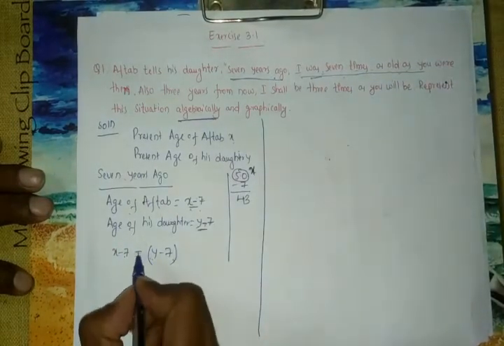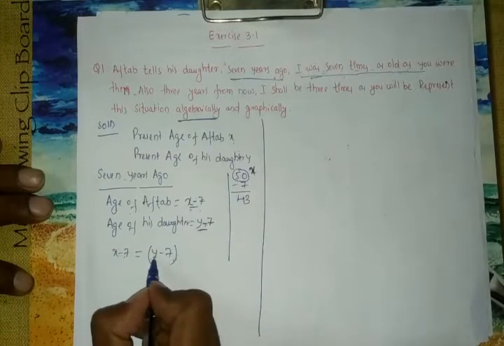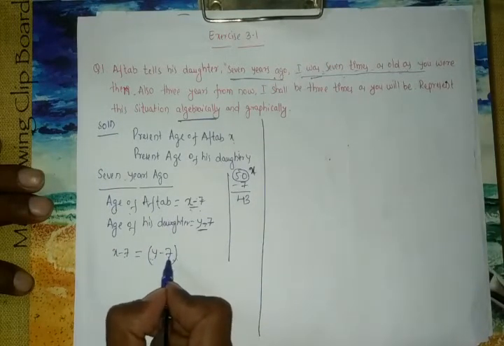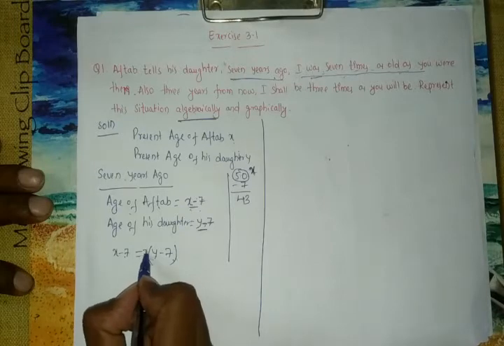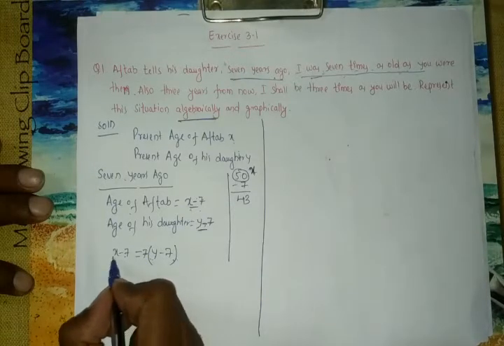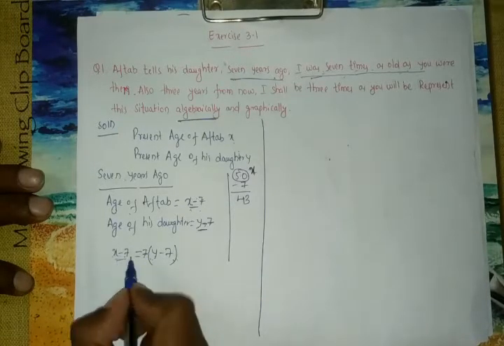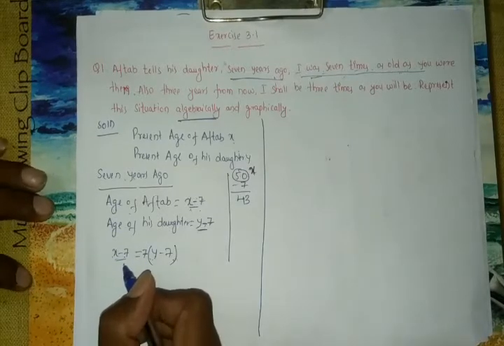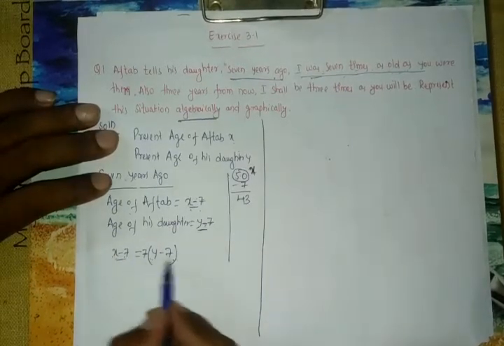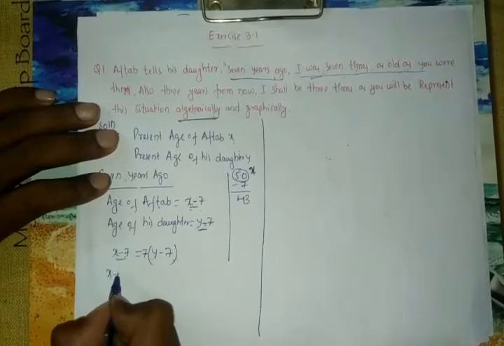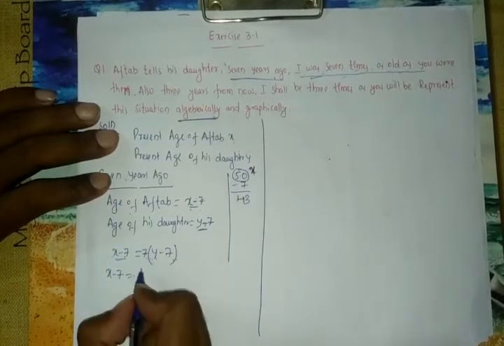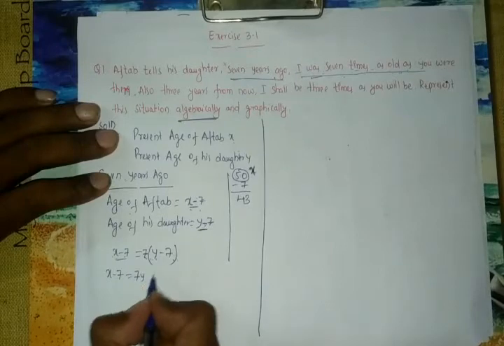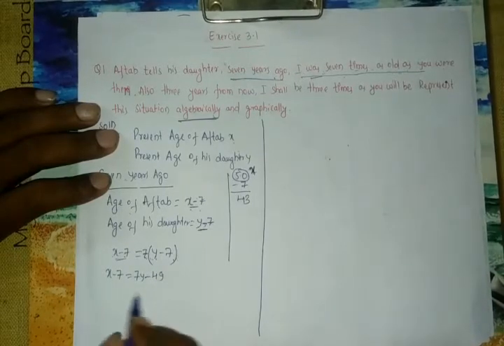So I will write x minus 7 is equal to 7 times y minus 7. This is the age of the daughter 7 years ago, and Aftab's age is 7 times that. So we get an equation: x minus 7, open the bracket, 7y minus 49.